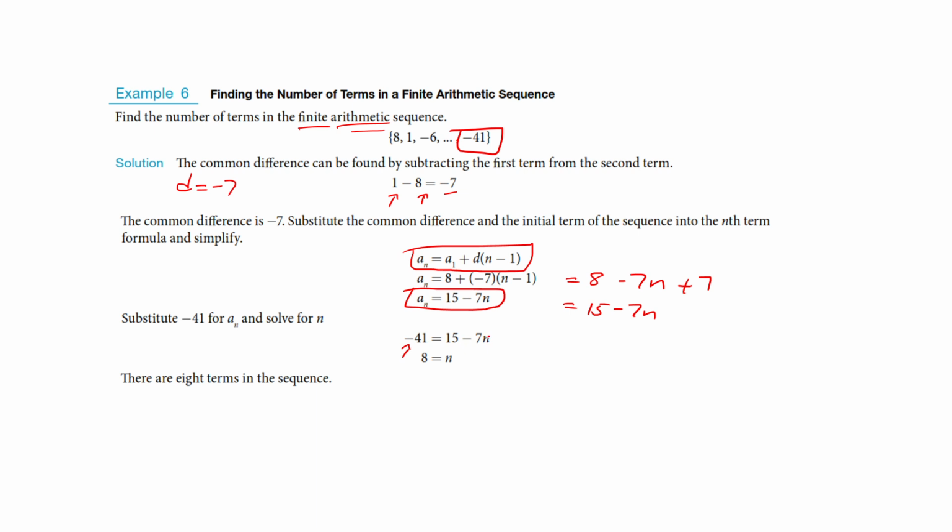We want to know what iteration, what value of n is -41. Well, if we solve this, just do the basic algebra, solve this for n, we get 8. So -41 is the last number in this sequence, and it is the 8th number. It's n equals 8. So there must be 8 terms in this finite sequence.